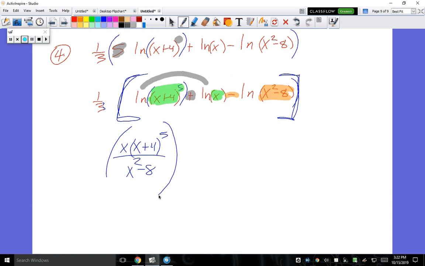All of this is the natural log. And we're still multiplying 1/3 by all of that. So what could I do? I could bring 1/3 as the power, and it's almost done. But I need to do what? Put a big parentheses to include that 1/3. Okay?